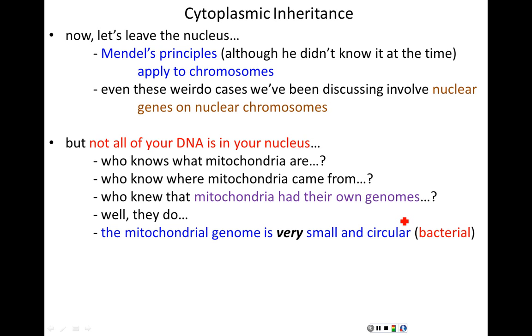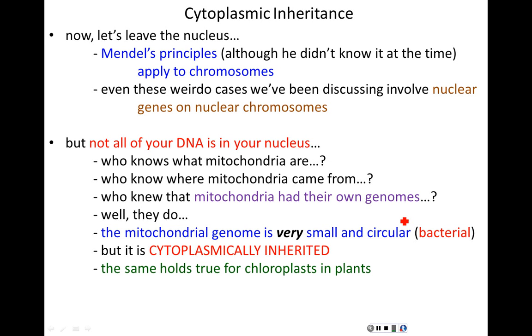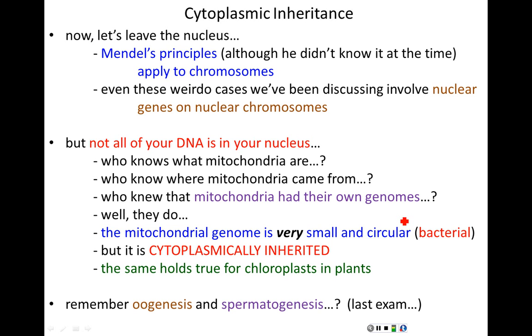The mitochondrial genome is very small. It's circular, like all bacterial genomes are. And most importantly for this lecture, it is cytoplasmically inherited. The same can be said of chloroplasts in plants. Chloroplasts arose the same way, through engulfment of one cell by another. Chloroplasts have their own genome. Chloroplasts are cytoplasmically inherited, but we won't talk too much about chloroplasts.